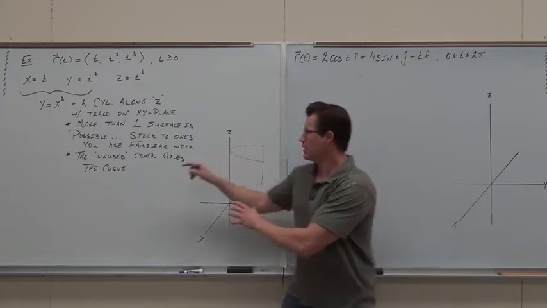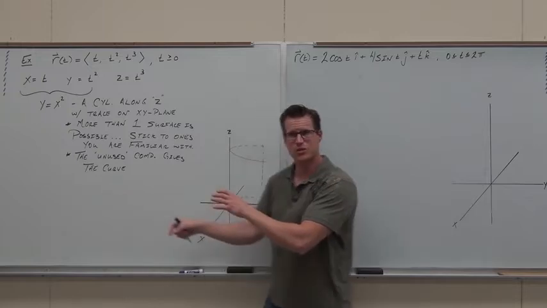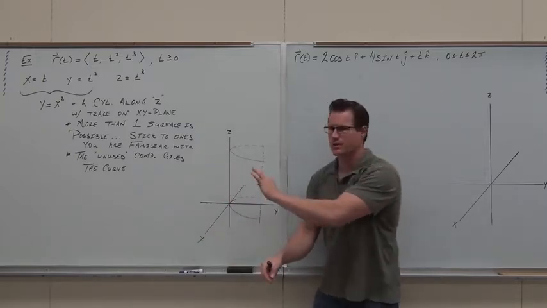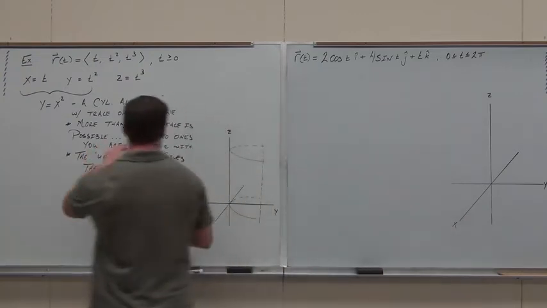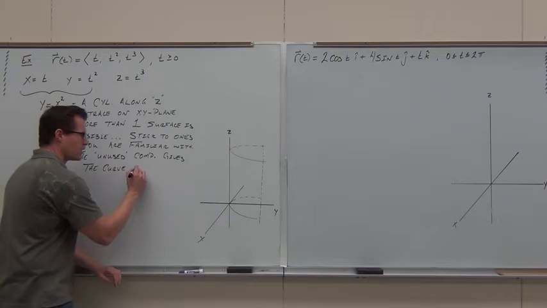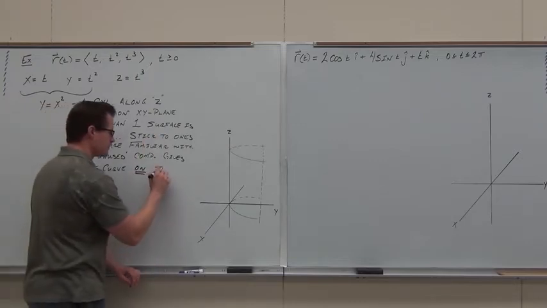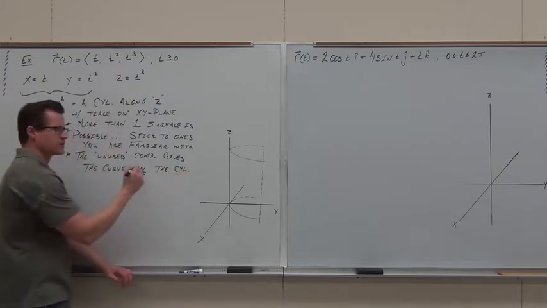No. The unused component is going to give you the curve. That curve is going to be on this cylinder. It's going to be right on the surface of that cylinder. That's what's going on. So the unused component gives the curve on the surface that you just made. In this case, it's a cylinder. On the cylinder's surface.